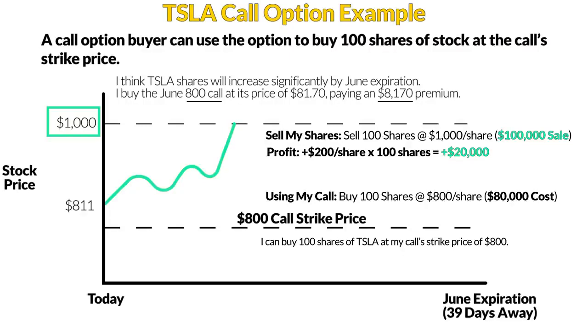But remember that I paid $8,170 for this option initially, so my $20,000 profit minus my initial cost of entering the trade of $8,170 gives me a net profit of $11,830. If I make a profit of $11,830 on an initial trade cost of $8,170, my return on that position is 145%.